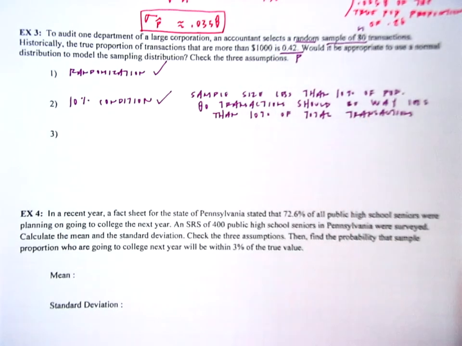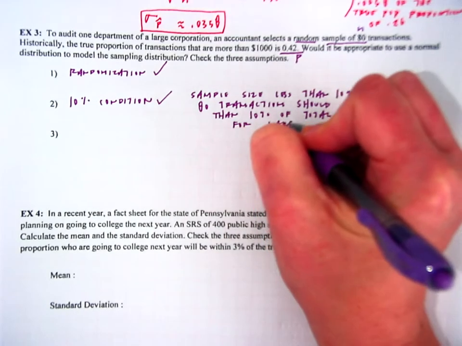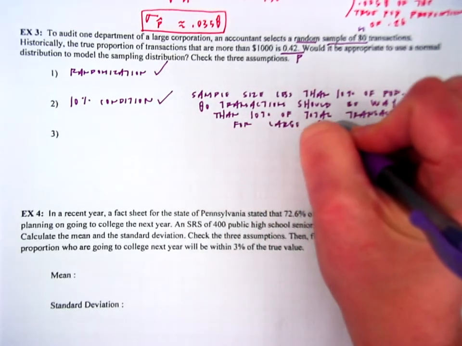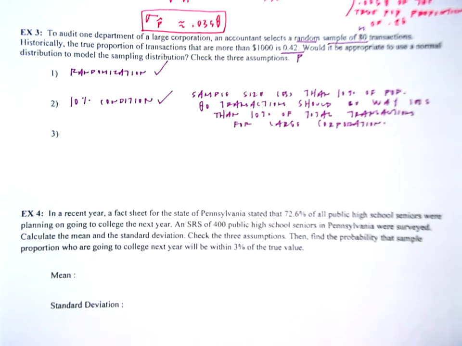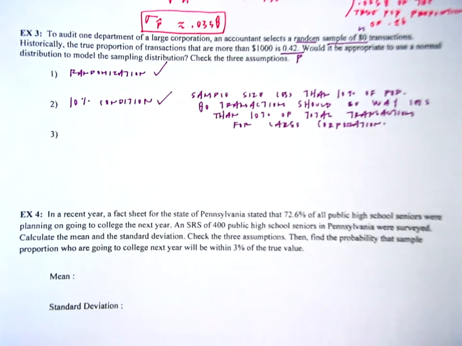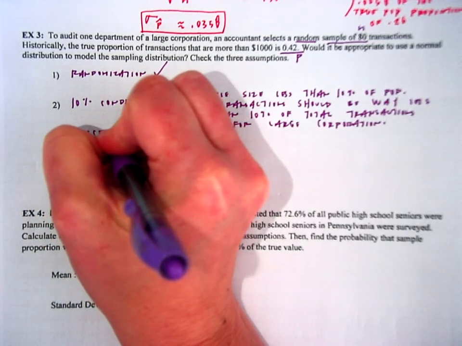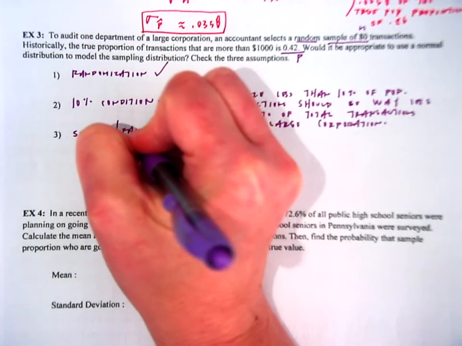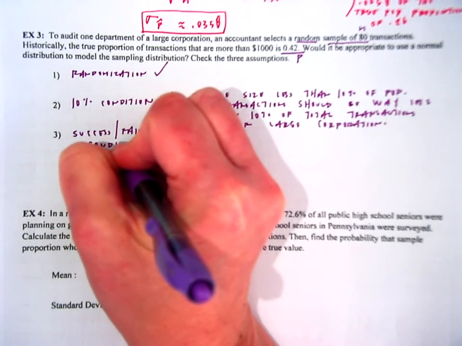Third one, we're looking at the success-failure condition. Okay, so here we know that the N value is 80. P would be 0.42. So then failure Q would be its complement, 0.58. Great.